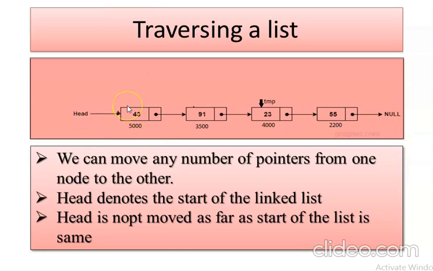Instead, we will use other dummy pointers and keep on moving those pointers to locate our operation node. It can be the final node or another node falling in between. So this step has to be done for inserting a new node either at the end or in between the front and end.